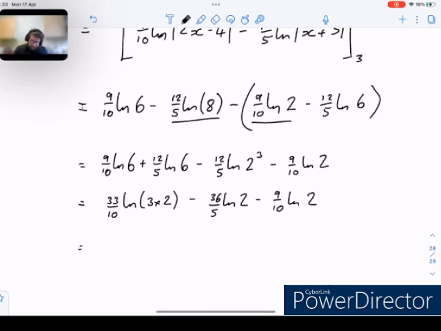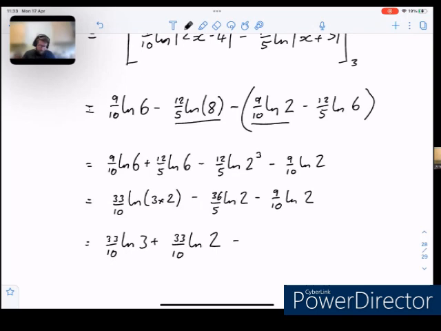So this becomes 33 over 10 log 3 plus 33 over 10 log 2, minus 36 over 5 log 2, minus 9/10 log 2, which is minus 81/10.